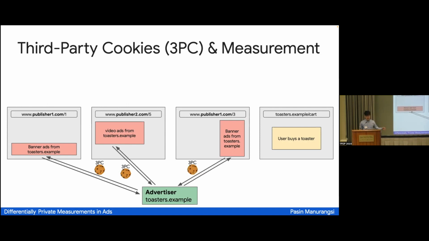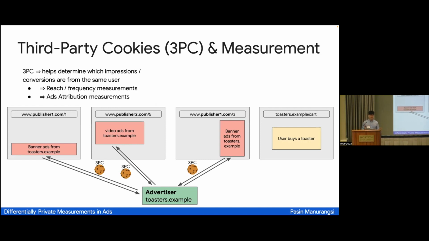And this process continues. So from the advertiser perspective, this is great because they can determine exactly the set of impression and conversion that you have had so far. So this allows them to compute the reach and frequency and also do the attribution as we said earlier. And this allows them to do these measurements.